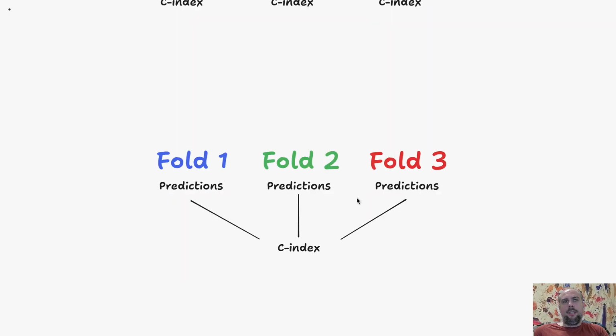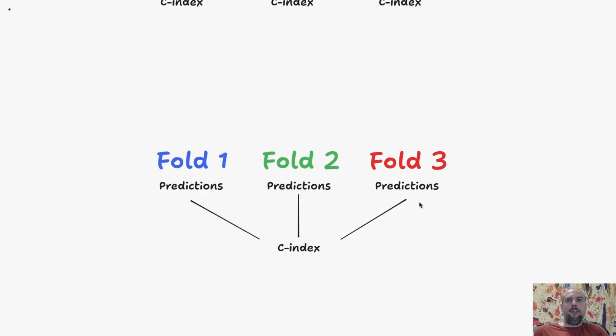This sounds like a really good idea, but as we discussed in our previous video, the predictions for the neural net can vary. The scale of the predictions can vary per fold. So you can't mix predictions from different folds, unfortunately.